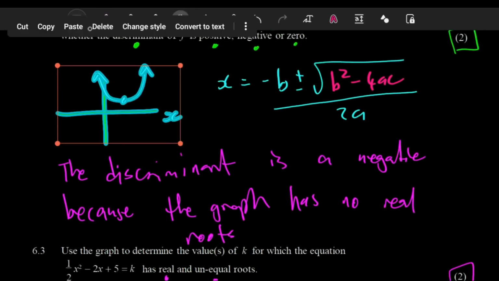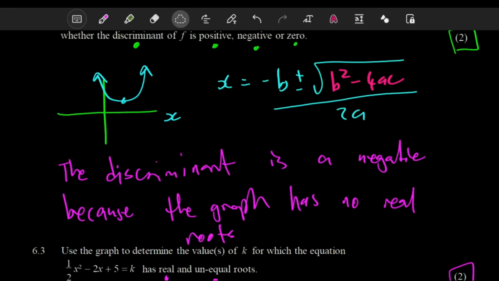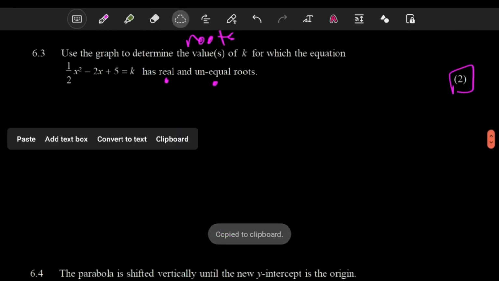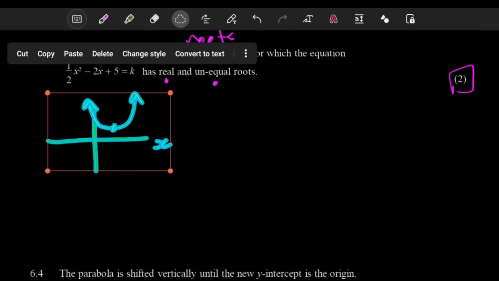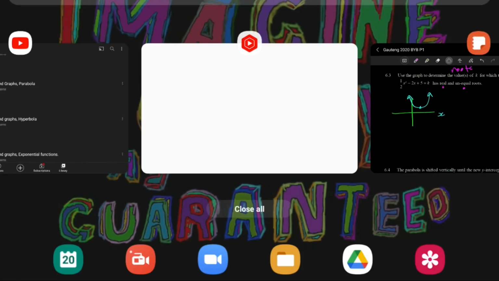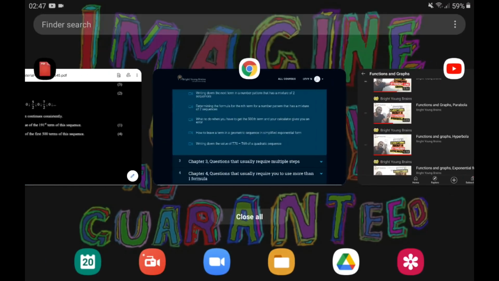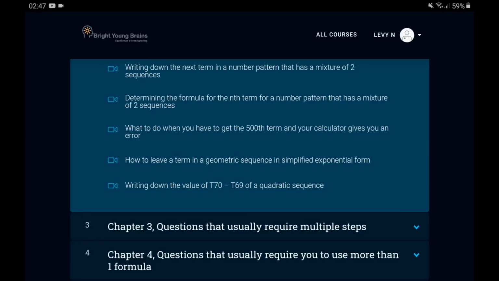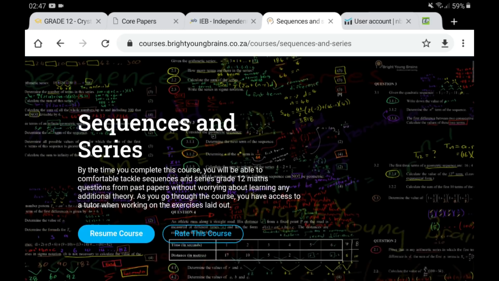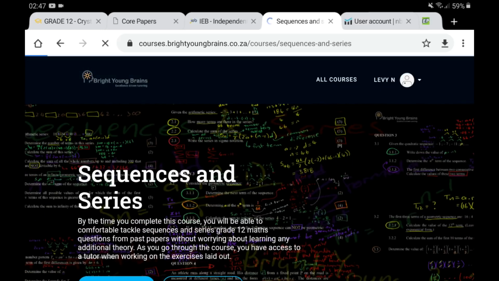All these things, trust me, the courses go through these things. Remember, there's a whole nature of roots course, or rather, it's actually an algebra course.